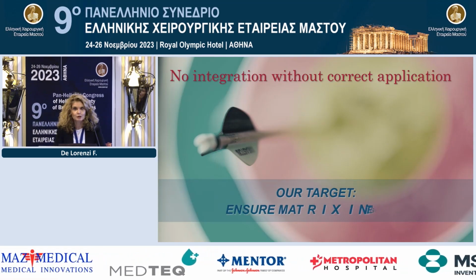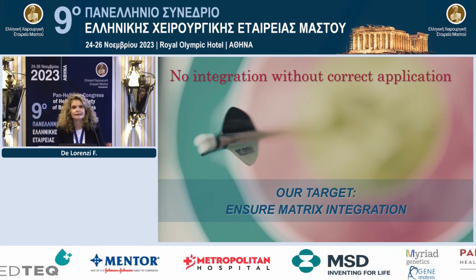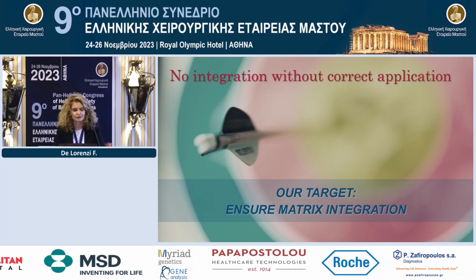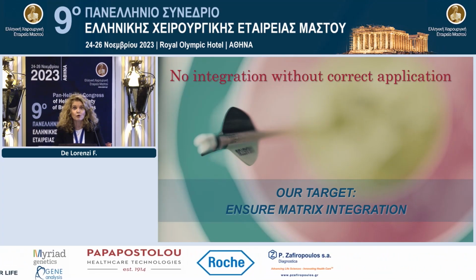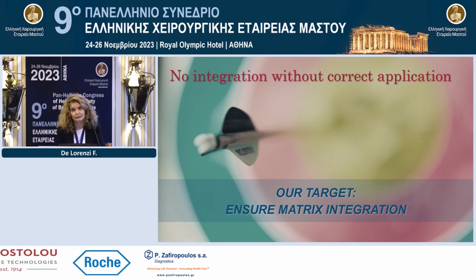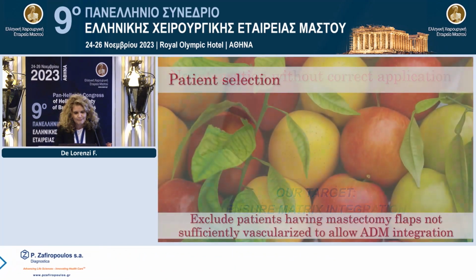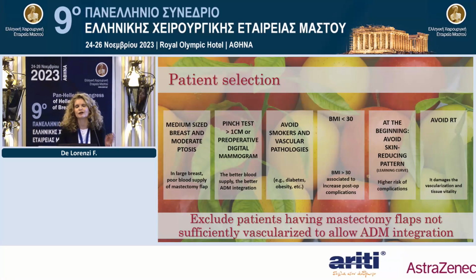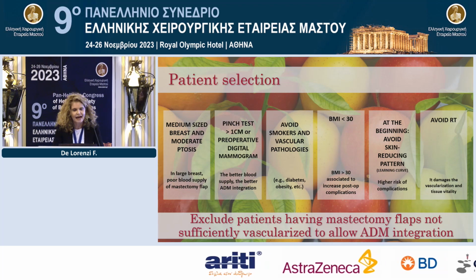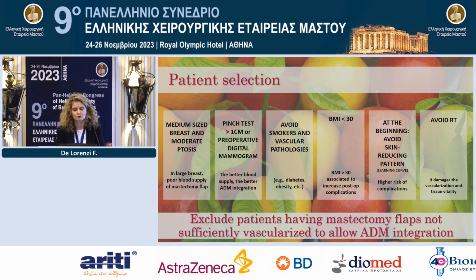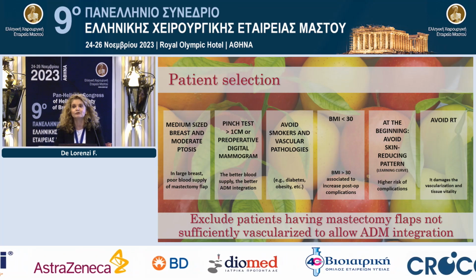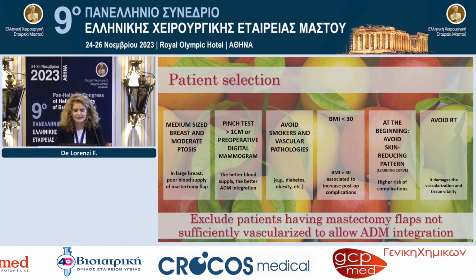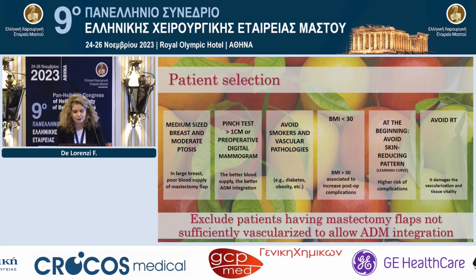But every time we use a matrix in the prepectoral space, our goal is to ensure matrix integration. And we know that there is no integration without the correct application of the matrix. First, patient selection. Prepectoral reconstruction is not for all patients. I believe we have to exclude those patients having mastectomy flaps not sufficiently vascularized to allow ADM integration.